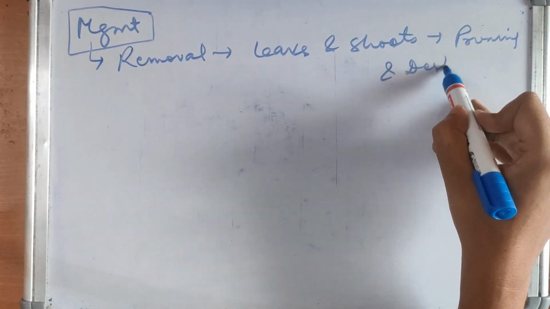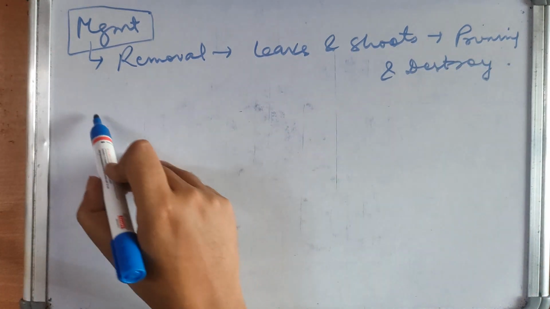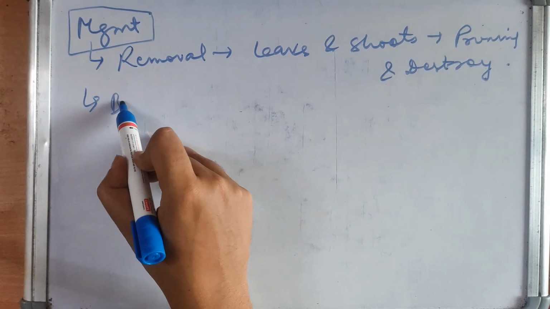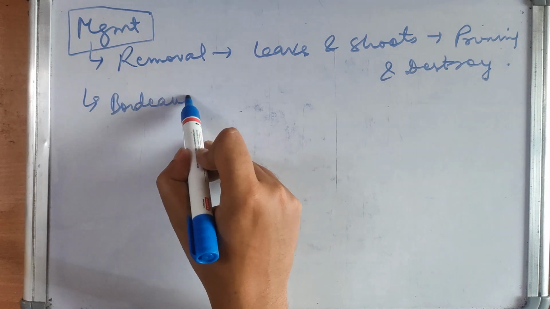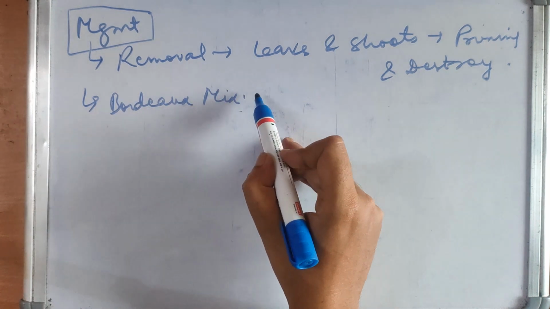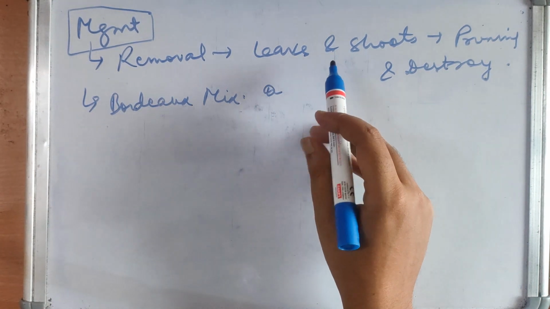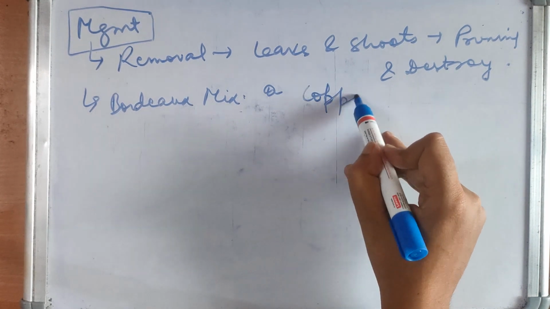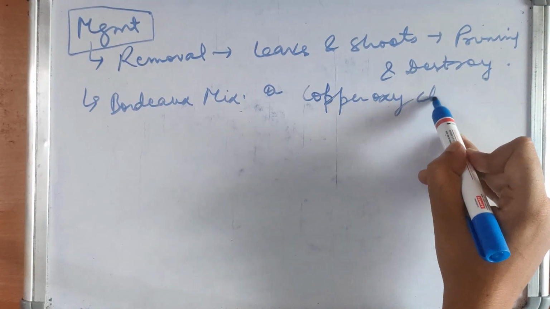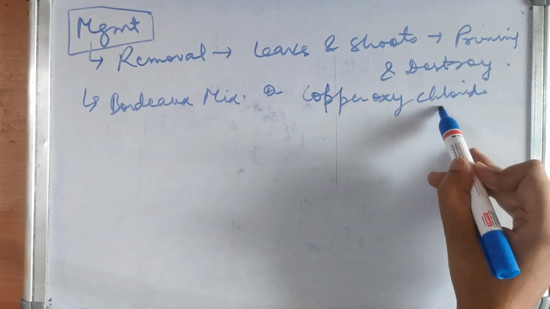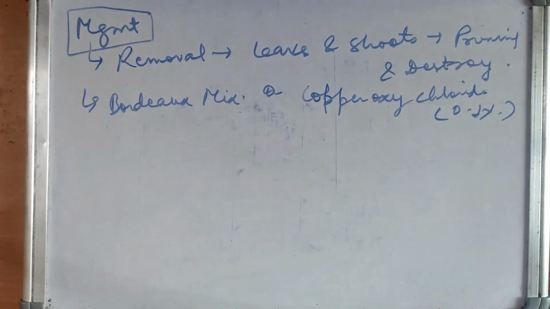We will prune them and destroy them. We can spray Bordeaux mixture or copper oxychloride. This should be sprayed at 0.1%.